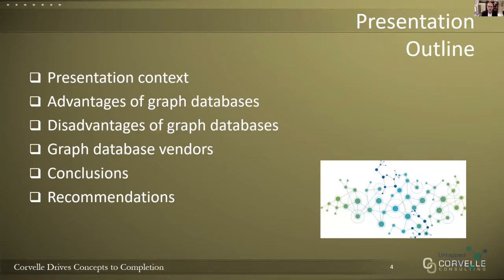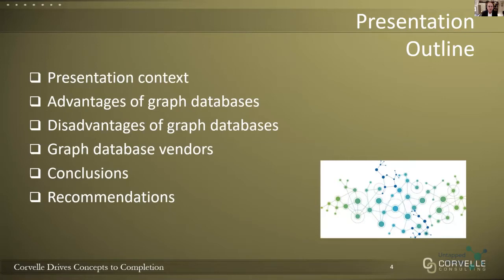So here's what I want to talk about today. We'll start with some context about trends in information technology. We'll spend a bunch of time on the advantages of graph databases, and that's to explain why they're being adopted more and more, and where they might fit into the work that you're involved in. And then we'll spend some time on the disadvantages, as nothing is a silver bullet, as I hope we all know. The disadvantages are about the immaturity of the technology that become risk factors for you and for the application that you're working on.